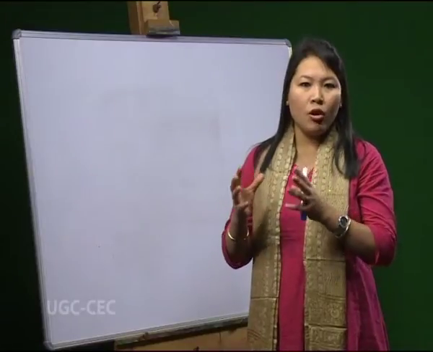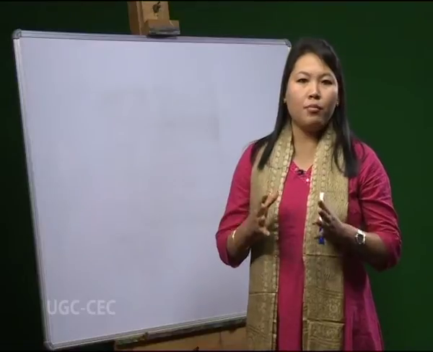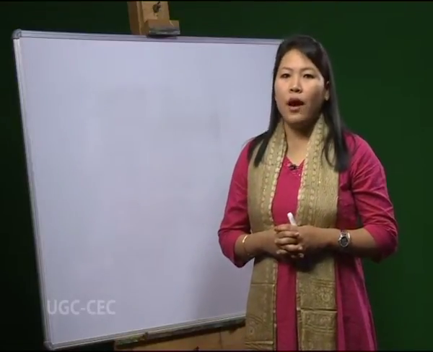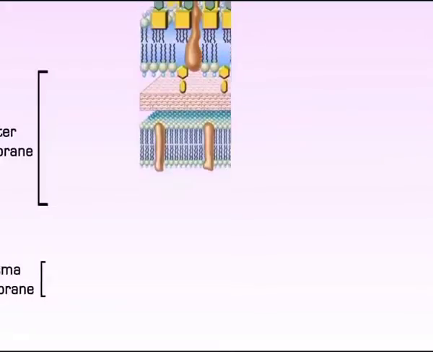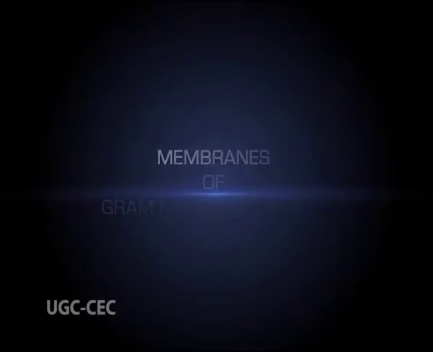But it remains strong, tough and elastic to give them shape and protect against extreme environmental conditions. This peptidoglycan layer, which is present in a very thin layer, is non-covalently anchored to lipoproteins through their hydrophobic head. That was about the cell wall.